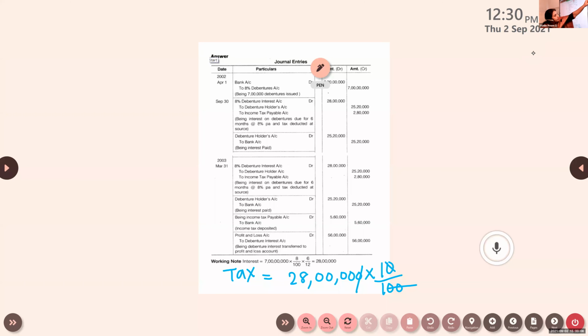So what is this capital profit? Capital profit and capital loss, you see both the terms. Capital profits means the profits that are earned by the sale of assets. You sell an asset that was worth 50,000 for 60,000.